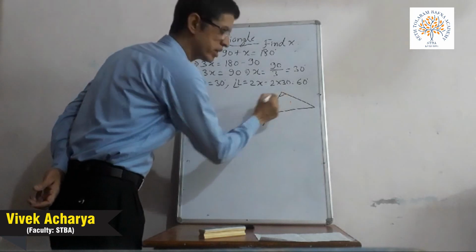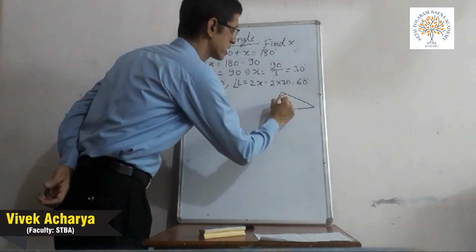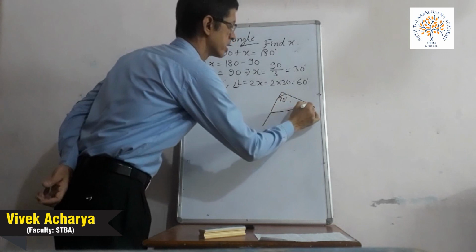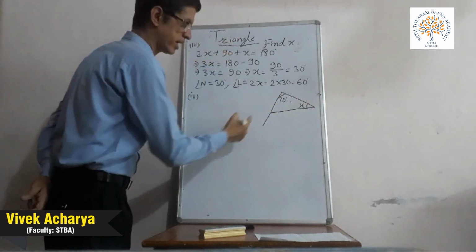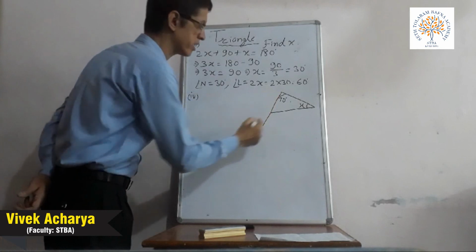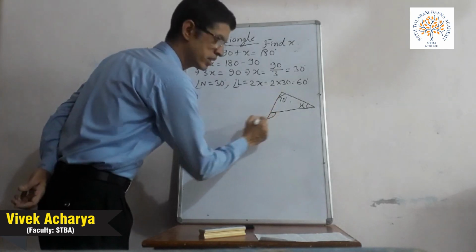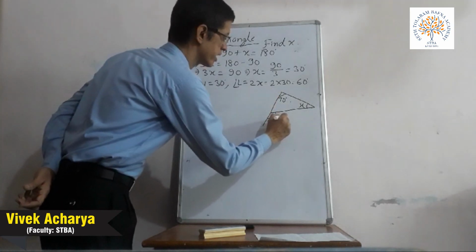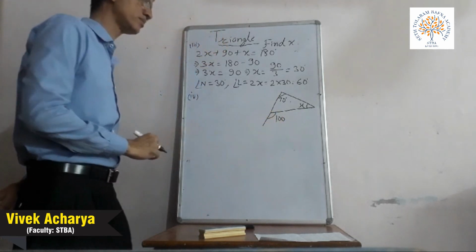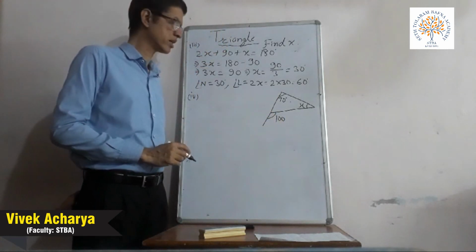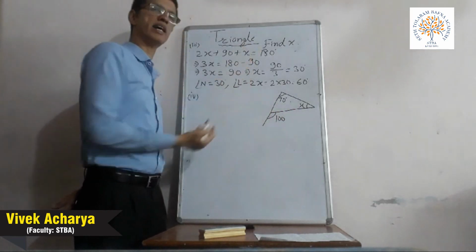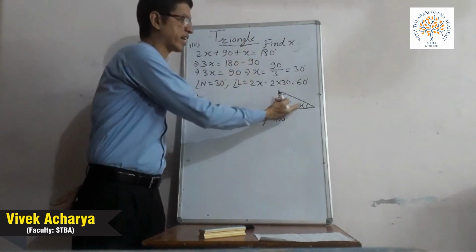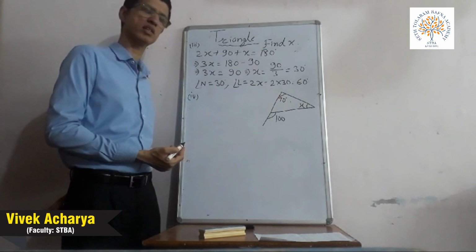Let this angle be 70 degrees. This is, you can say, X, and extending this side, I write there, this angle is 100 degrees. Now children, you have to find X in this one. As I have written the question there, you have to find X in this one.